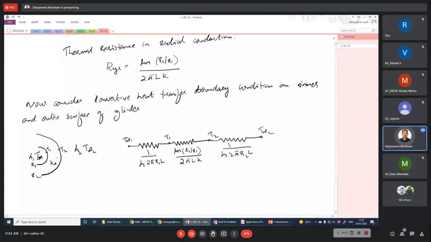Here you can see that the outside convective heat transfer area is 2 pi R2 L. So you can directly write Q is equal to T infinity 1 minus T infinity 2 divided by R total: 1 by h into 2 pi R1 L plus ln R2 by R1 divided by 2 pi Lk plus 1 by h into 2 pi R2 L.